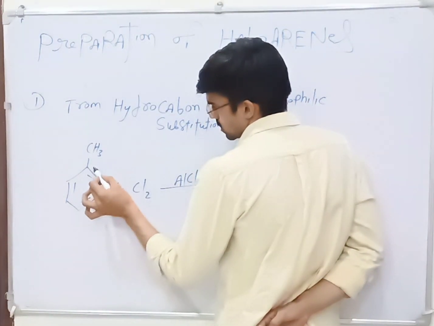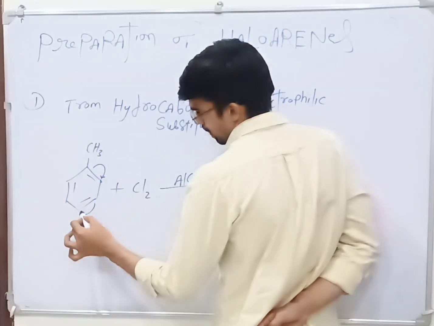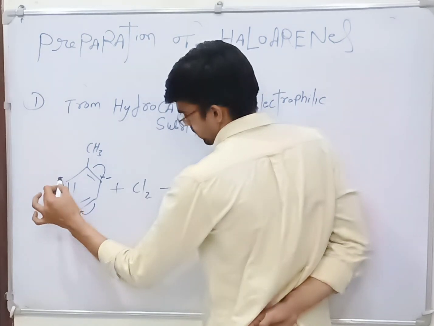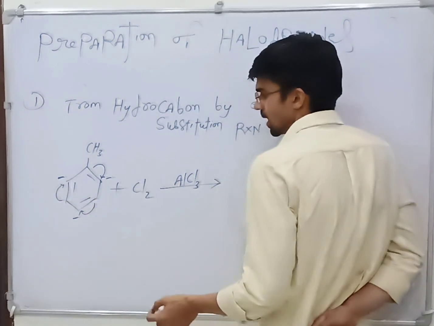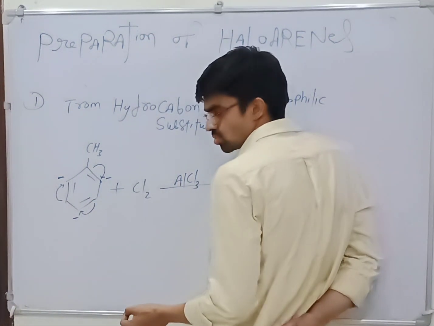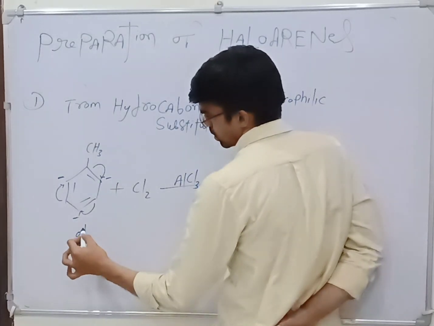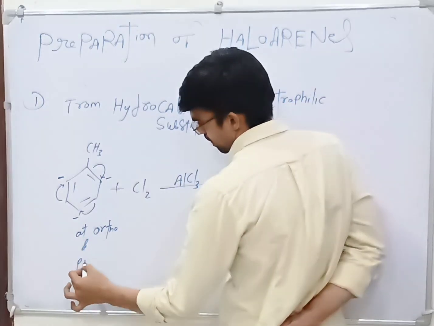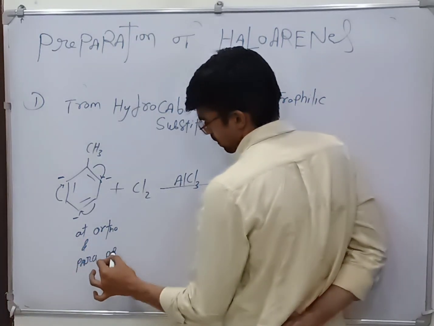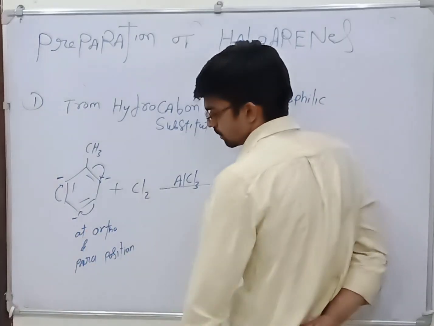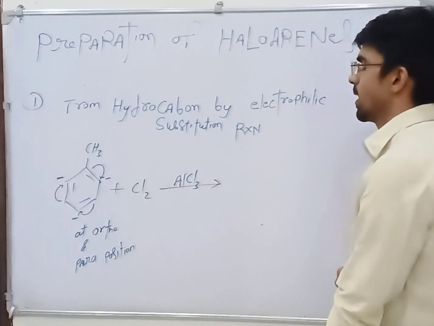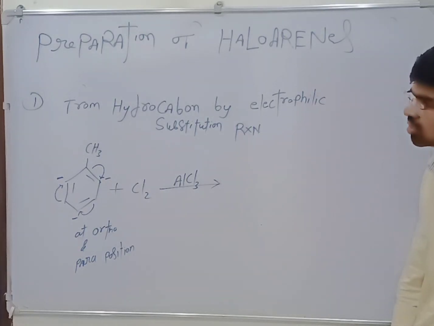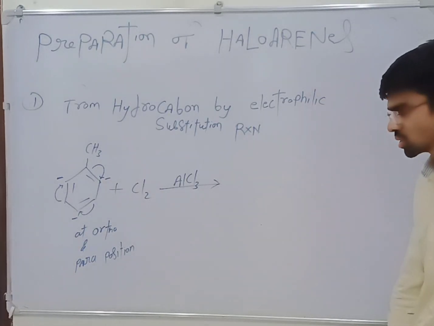So if these pi electrons are shifted, because of these pi electrons, at any instant they develop a negative charge at ortho and para positions. They form an electronegative terminal at ortho and para positions.